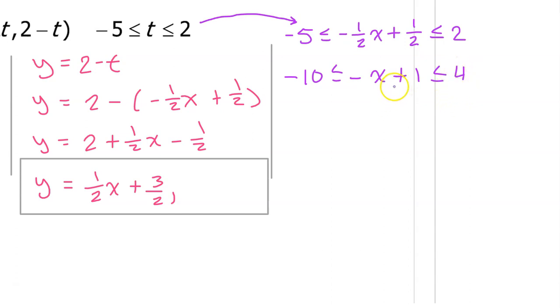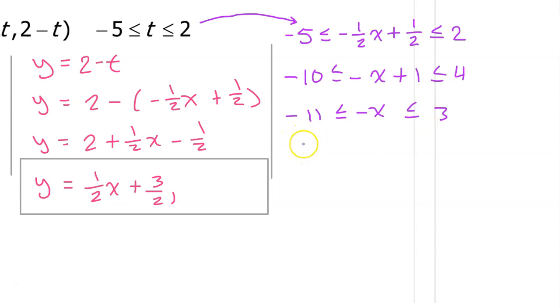Next, let's subtract 1 from all sides of this inequality. So that will give us negative 11 is less than or equal to negative x, which is less than or equal to 3. Finally, I just want x, not negative x. So let's divide all sides of this inequality by negative 1. Dividing an inequality by a negative number reverses the direction of the inequality.